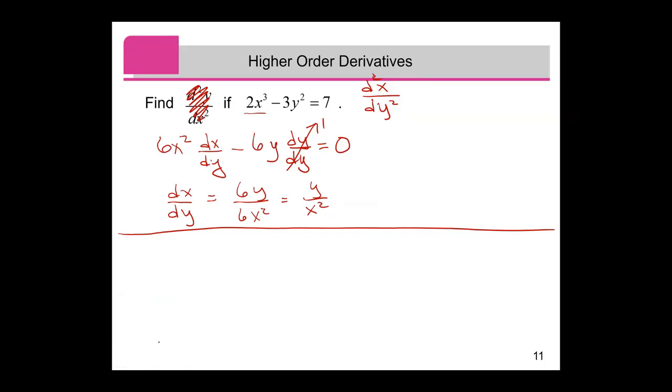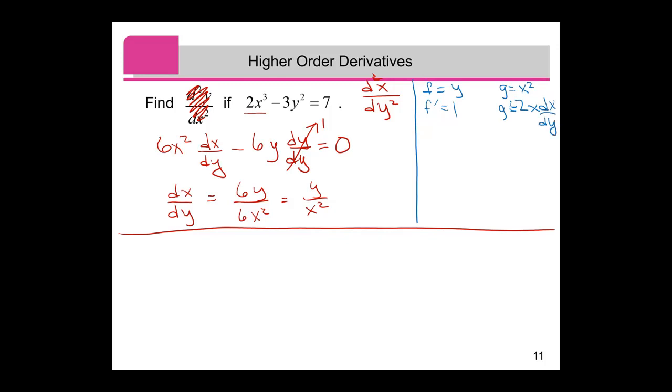I'm going to leave it in this dx dy format. I think maybe that'll be helpful. So now I'm going to say f is equal to y and g is equal to x squared. So f prime is just equal to 1 because it's dy dy. And g prime is equal to 2x times dx dy.